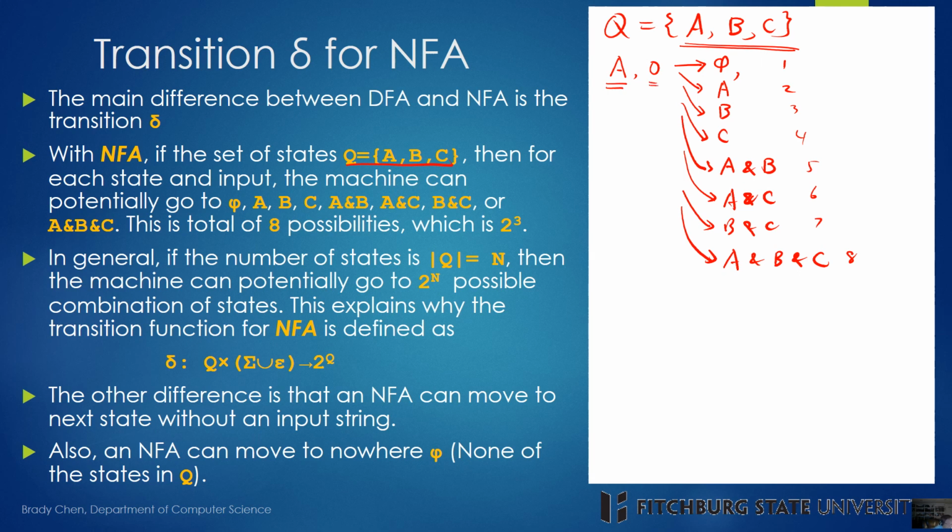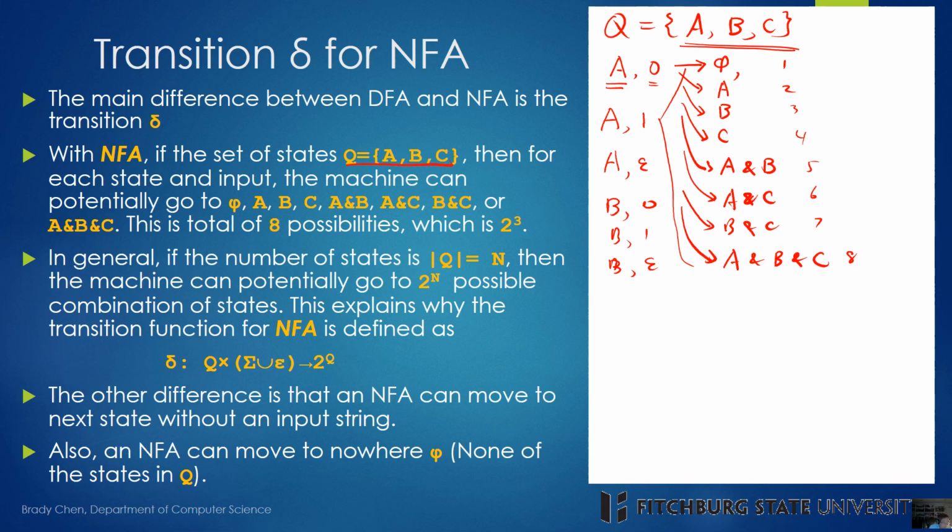This same thing could happen for A and 1. It could also potentially go to all these 8 different possibilities. Or A with no input, it can also go there. Or B with 0, B with 1, B with epsilon. It can potentially go to these 8 different states or sets of states.